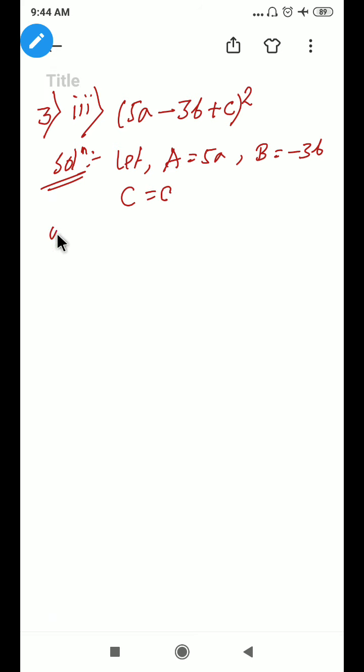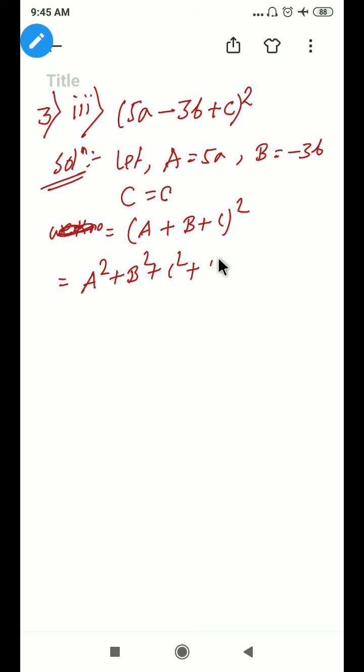Now we know that this will convert to A plus B plus C whole square, and you know the formula of A plus B plus C whole square, that is A square plus B square plus C square plus 2 into AB plus BC plus CA. Now you can put these values.